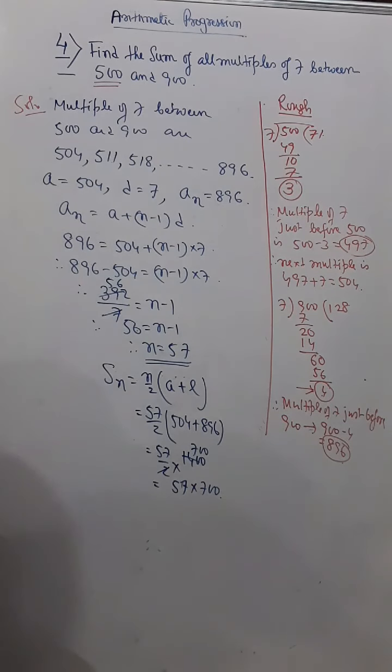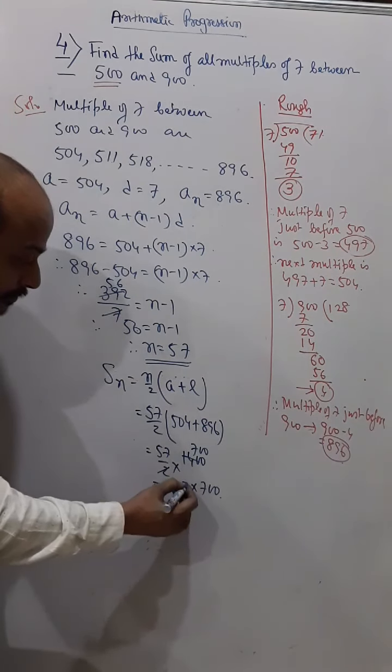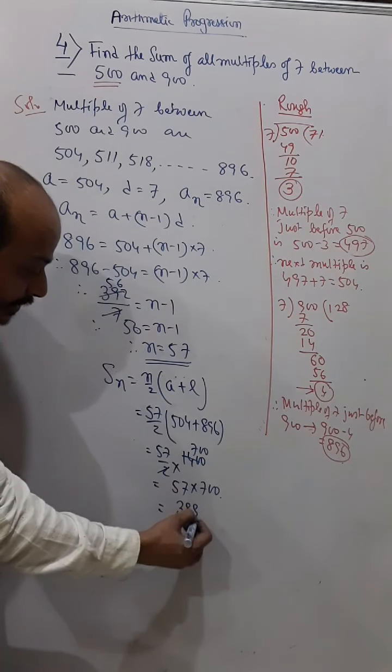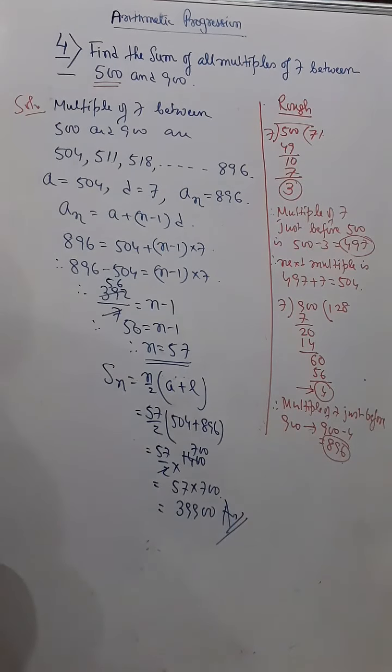So we are getting 57 into 700 as 39900, and that is the answer. Okay, understand?